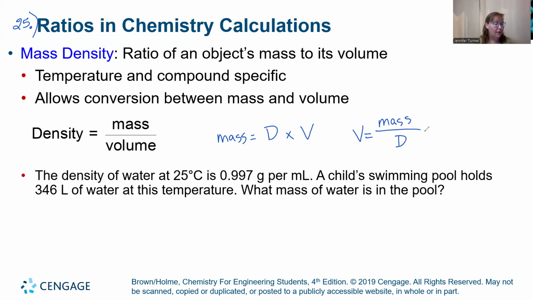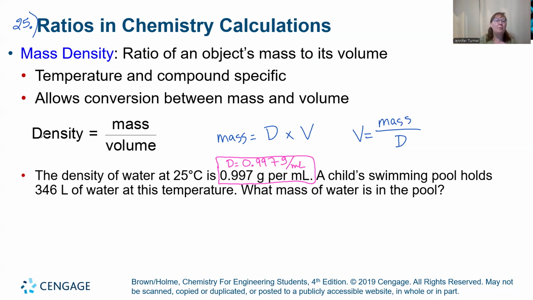Okay, so let's take a look at this first problem. It tells us the density of water at 25 degrees C. We can ignore that value; it's not going to be put in here. It is 0.997 grams per mL. So that means density is equal to 0.997 grams per milliliter, just as a rewrite.